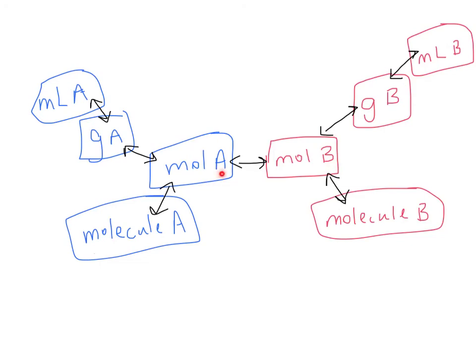So A and B are just different molecules. To go from one molecule to the other, you have to be in moles. Notice, that's how I get from the pink side to the blue side, or the blue side to the pink side. Again, you have to be in moles. That's where your mole ratio comes from, to go from one molecule to another.